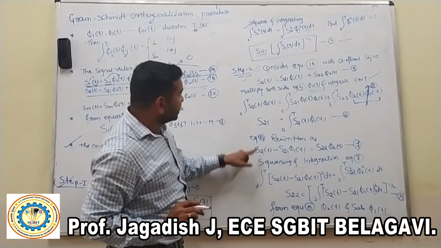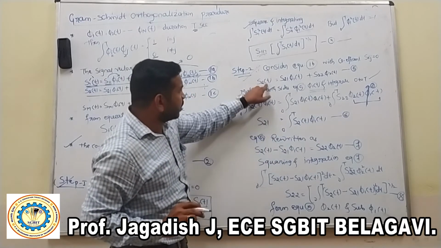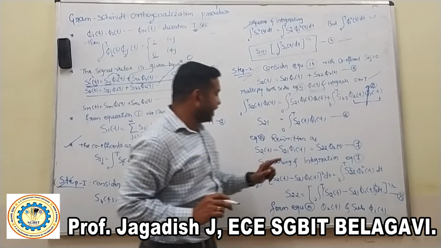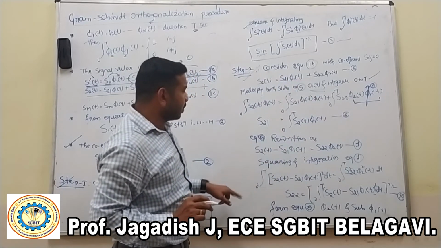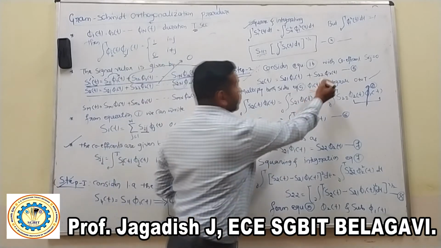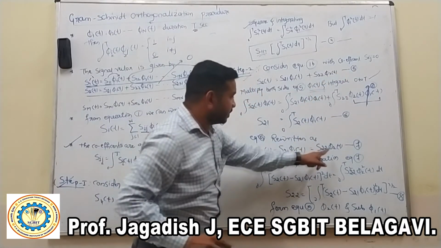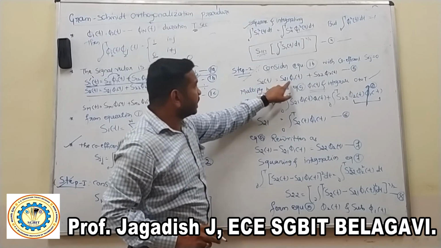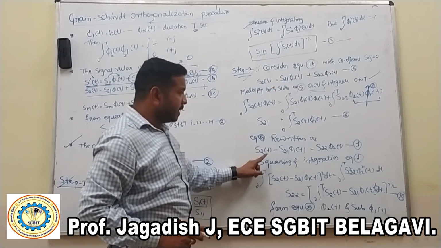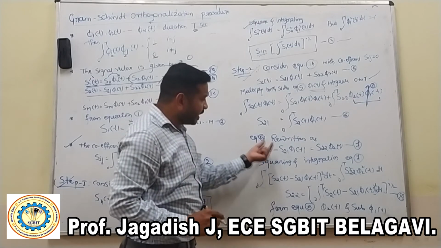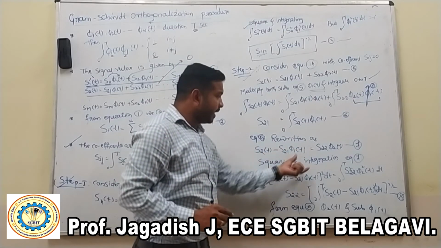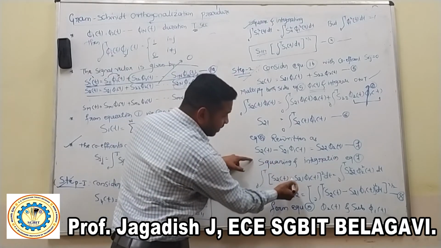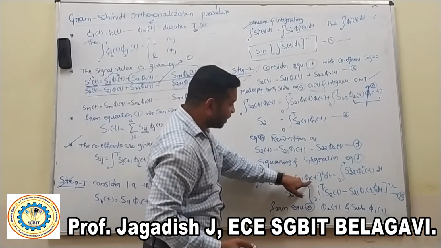What is the equation? S2 of t equals S21 phi 1 of t plus S22 phi 2 of t. By using this equation we define S22 phi 2 of t. So S22 phi 2 of t equals S2 of t minus S21 phi 1 of t.